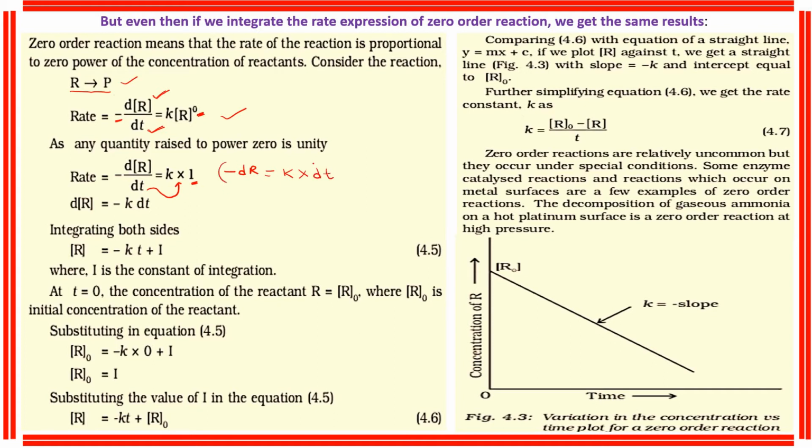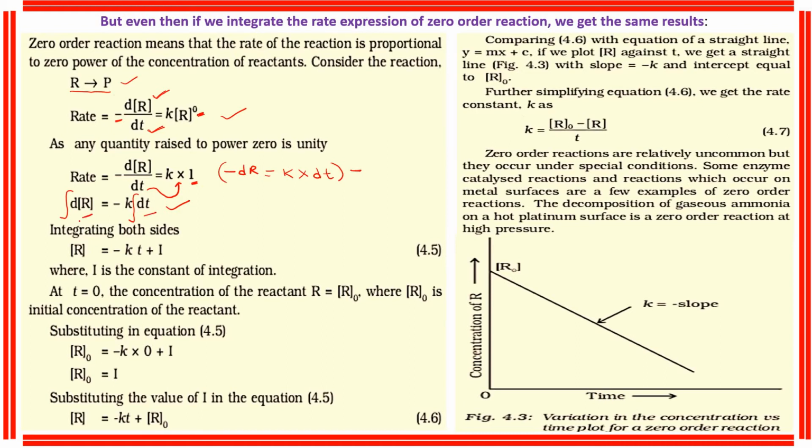Next, multiplying with minus, you are going to get this expression. When you multiply this with minus, minus into dR with minus you are going to get plus dR, equal to minus k into dt. This expression you are going to get. After this, do the integration on both sides. For k, no need to do integration, as it is a rate constant. So do integration for dR and dt.